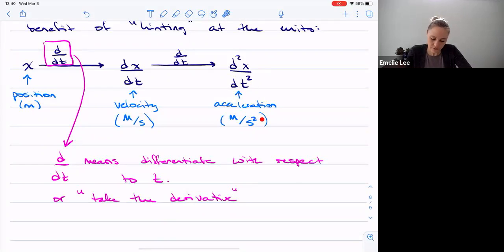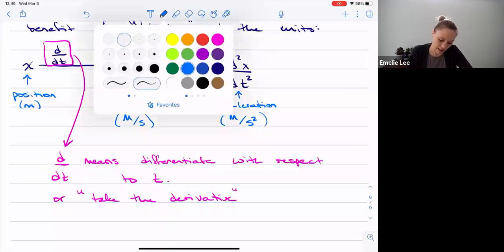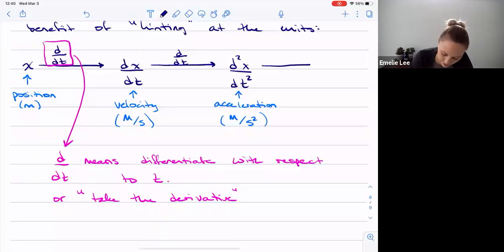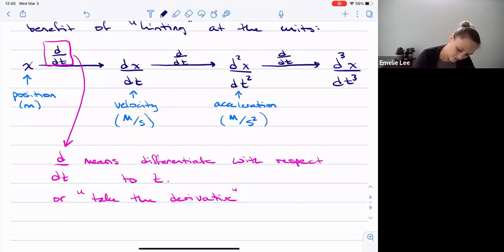Okay. If you take the derivative again, so take the derivative of the acceleration, this is kind of the lesser known one, then you end up at d cubed x over dt cubed, and this is actually called the jerk.